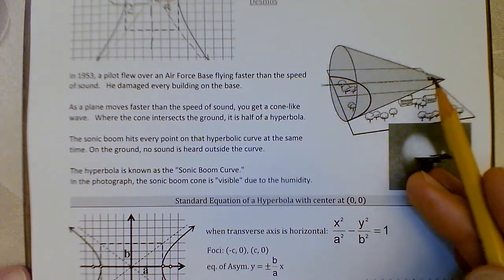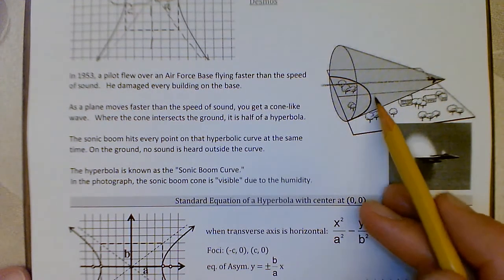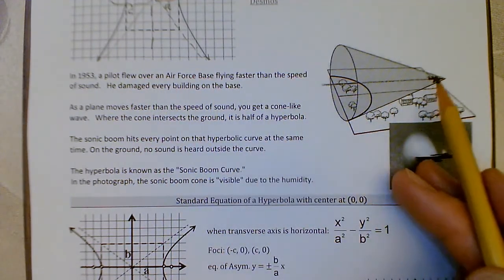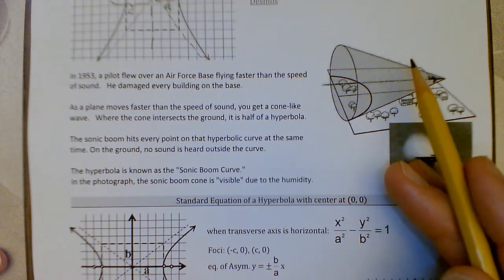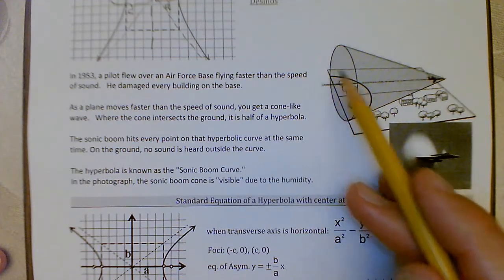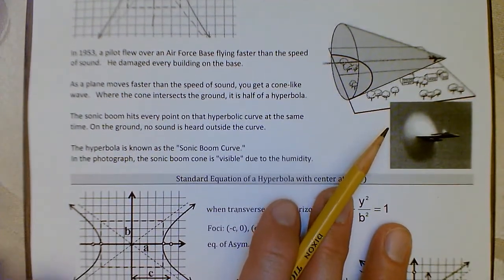So interestingly enough, the first time they did this, they didn't know this was going to happen. And they ended up doing damage to all the buildings on the military base that the plane was flying over. Probably was flying too close and was too low, and the energy didn't have a chance to disperse as much, and so it damaged a lot of the buildings. I imagine it blew out windows.